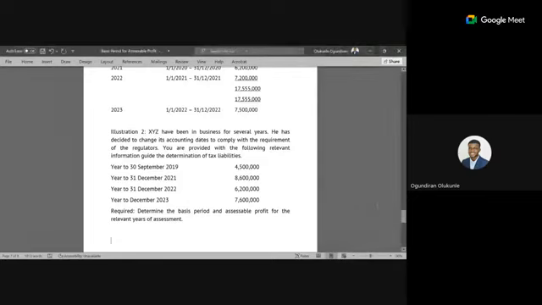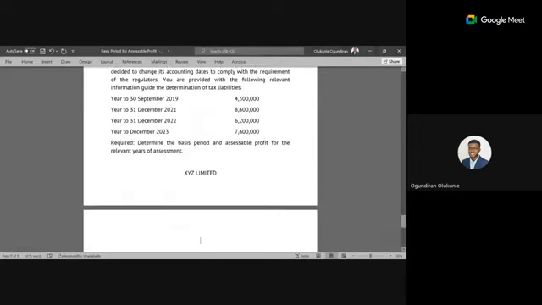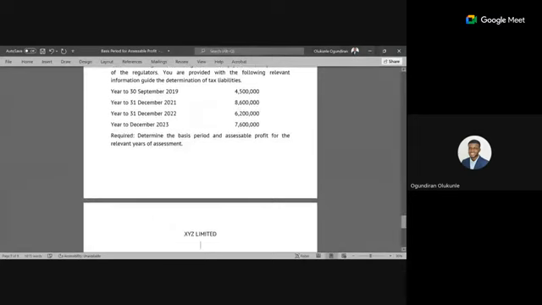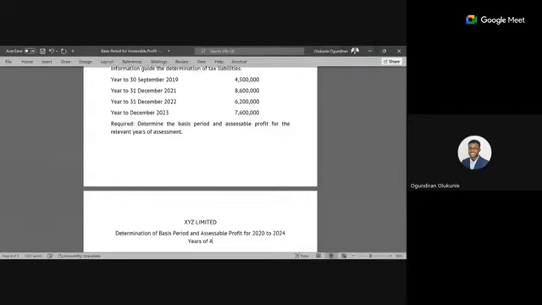So having determined the year of change, what we need to do basically is that we have to do some computation. So we say determination of basis period and assessable profit for 2020 to 2024 years of assessment.